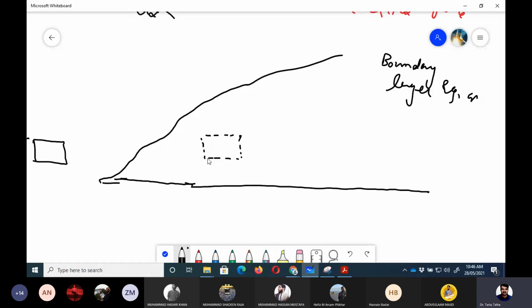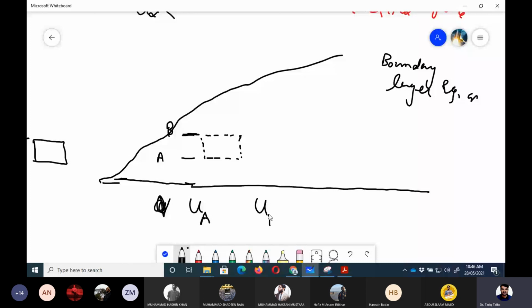If this is location A and this is location B, location B is on the upper face of the element and location A is on the lower face. So if I write here the streamline velocity at A and the streamline velocity at location B.